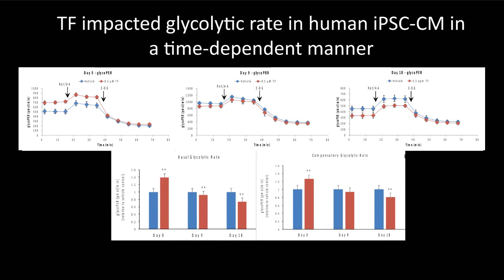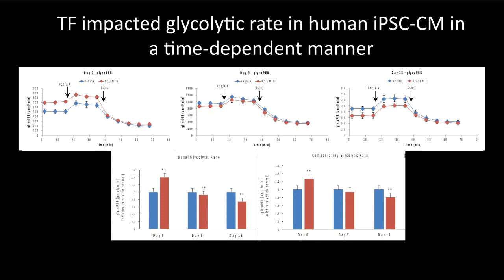So this is at 0, 9, about halfway through differentiation, and 18 days of differentiation. One thing you'll notice is that early, before the cells have differentiated into fully developed cardiomyocytes, the addition of half a micromolar of this toluene compound actually increases glycolytic rate under basal conditions, which is what I'm highlighting. The red is the TF treated cells and the blue the control.